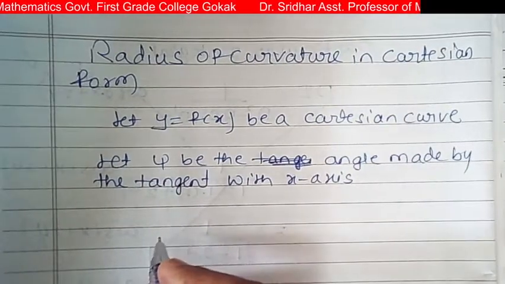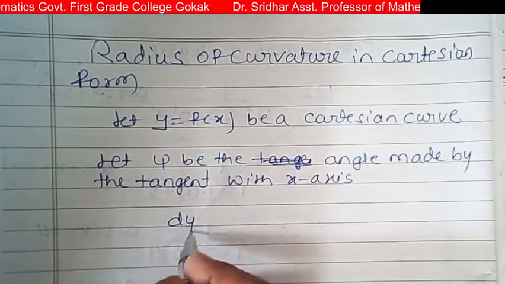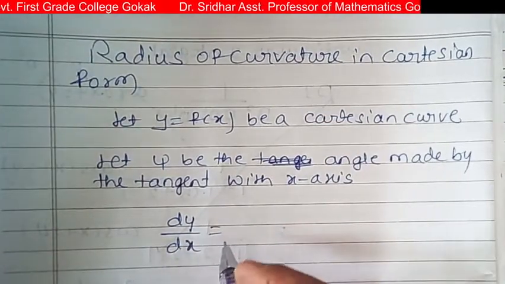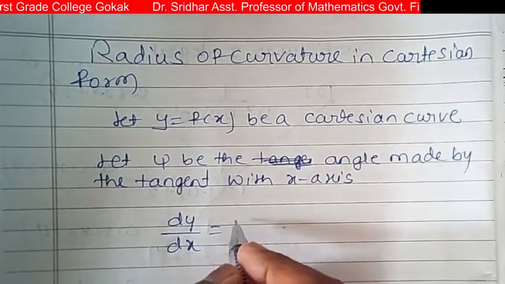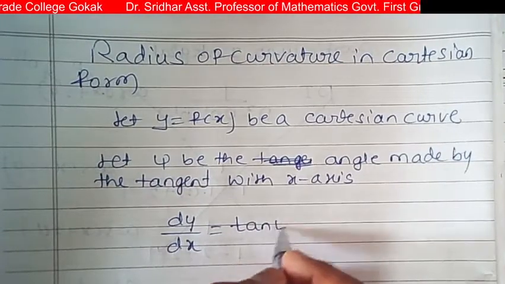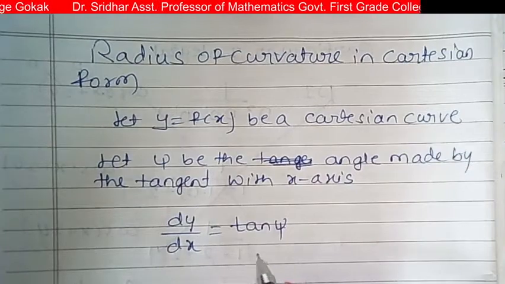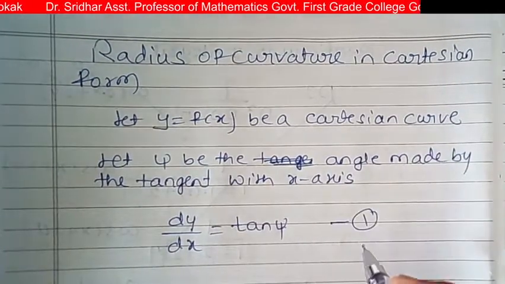Now from the geometry we know that dy by dx is the slope of the tangent, and slope of the tangent is given by tan psi. So this is equation 1.